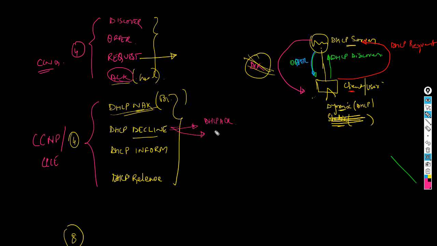Then it's going to do some kind of gratuitous ARP or an ARP resolution. It's going to send the ARP entries to make sure that the IP the client is going to adopt is not held by anyone else in the network. Suppose it sees that this IP is being taken by someone else. That is where the client is now going to decline the message.